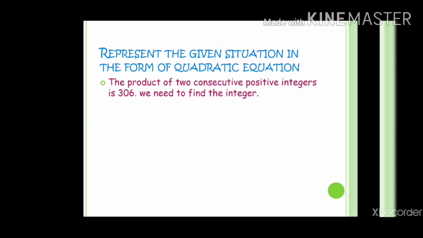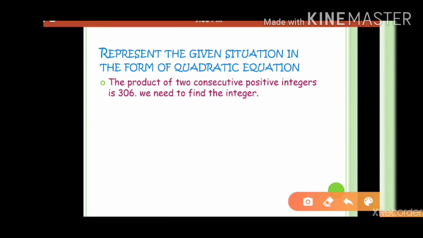Represent the given situation in the form of a quadratic equation. The product of two consecutive positive integers is 306. We need to find the integers. In this problem, we have to represent this situation in the form of a quadratic equation. The product of two consecutive positive integers.